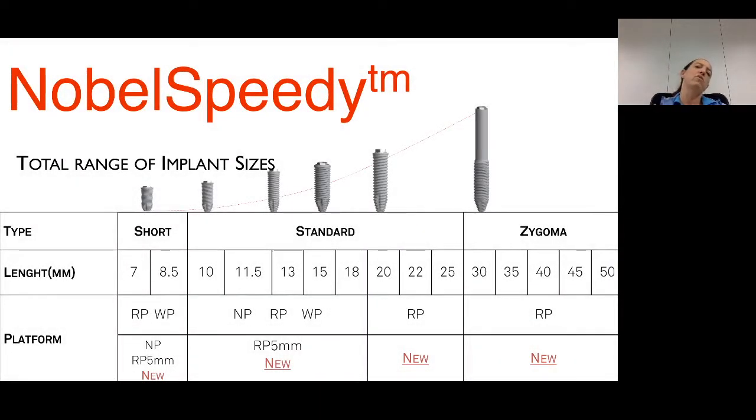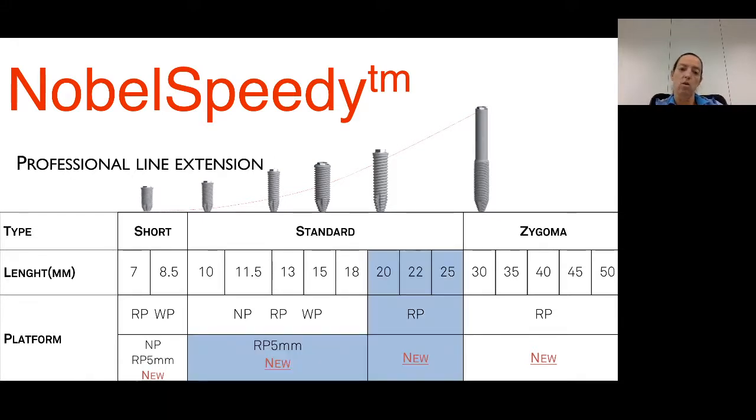Nowadays we have a big range of implant sizes, from 7 millimeters till the 50 millimeters of the zygoma. So it's actually maybe one of the biggest ranges of implants that you have in the market, that would suit basically all the cases.